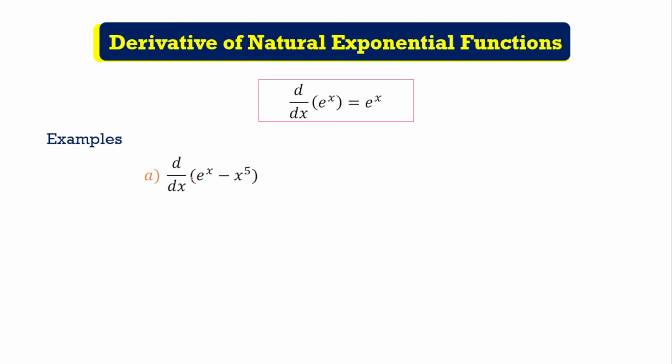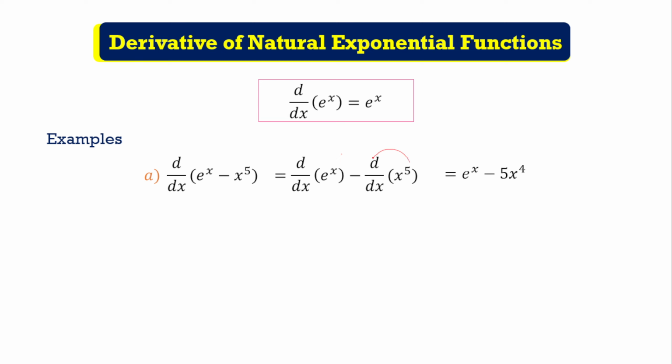For example, the derivative of e raised to x minus x raised to 5. The first thing to do, by applying the difference rule, is to separate them: just get the derivative of e raised to x, then subtract the derivative of the second term, which is the derivative of x raised to 5. The derivative of e raised to x, by the natural exponential rule, is itself.